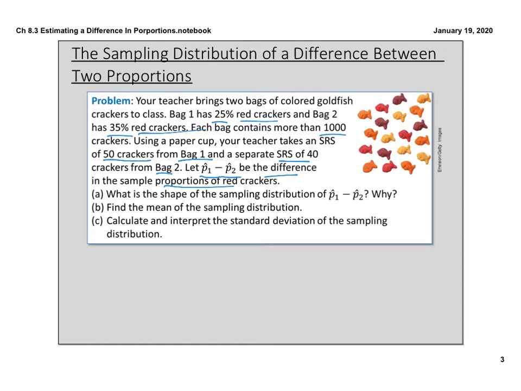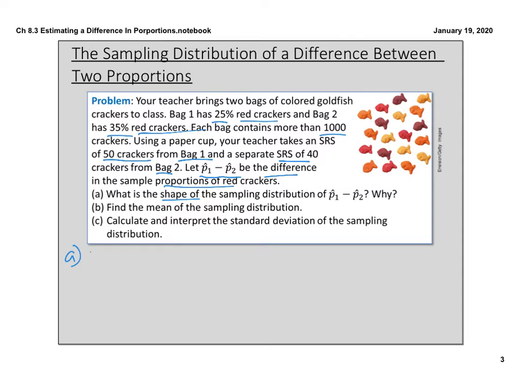So the first thing is, what is the shape of the sampling distribution? Okay, so in part A, the first thing is we're going to try and prove this is approximately normal. That's our goal here. So if we can prove that the proportion times the sample size is greater than or equal to 10 for all 4 of those parts, then we're good.